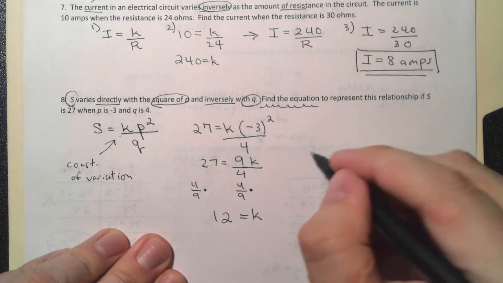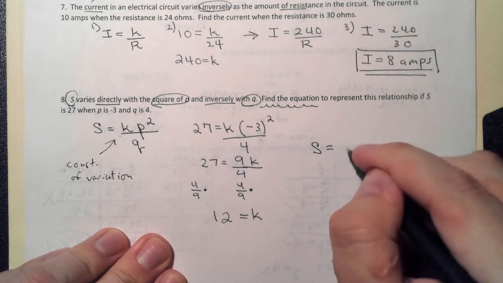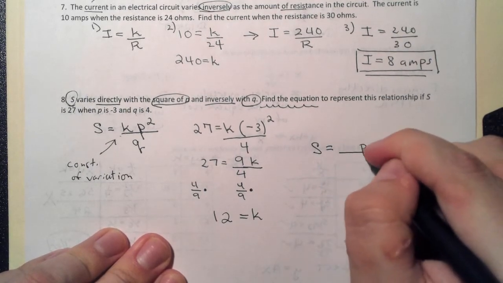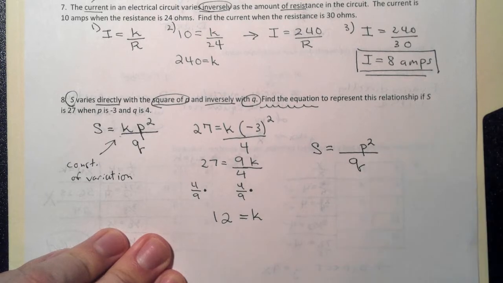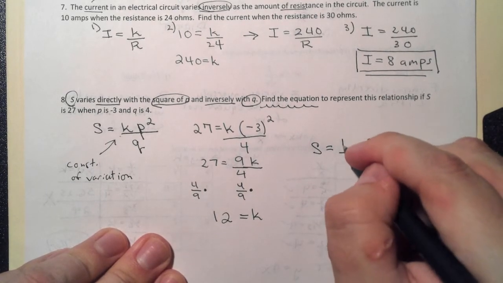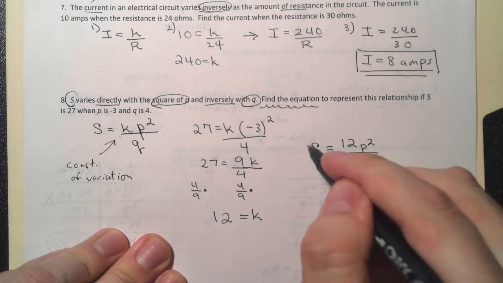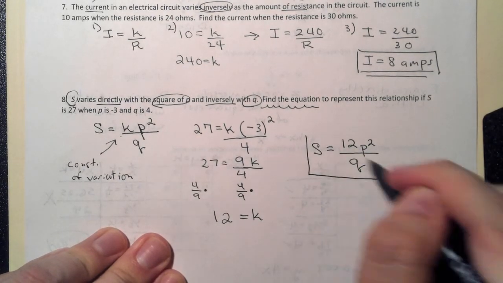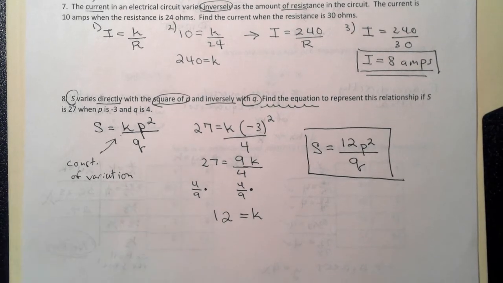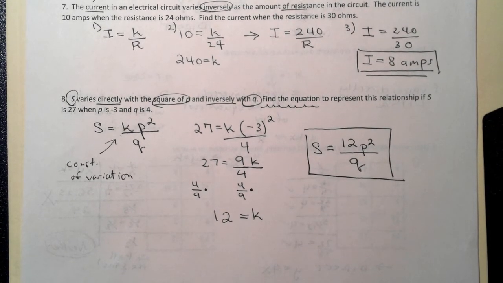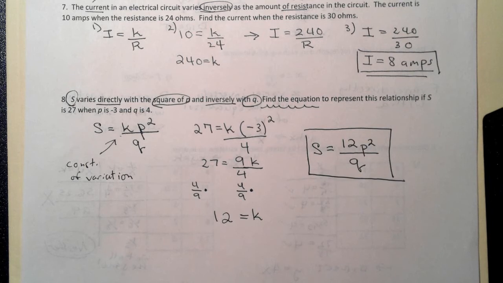Well, the equation, I know S is KP squared over Q, but I now know that K is in fact just 12. So that's what I'm going to see. This is my equation. Hopefully this makes sense. Again, this shouldn't be too complicated of a topic. Just work hard, read carefully, and you'll get it.